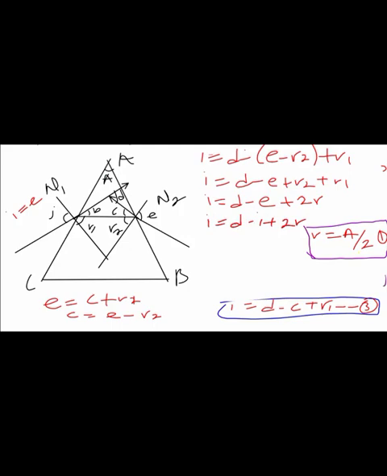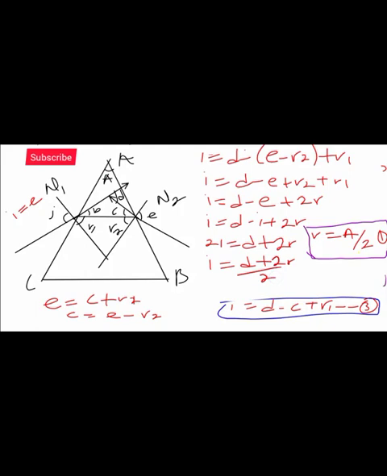So moving I to the other side of the equation, it will become plus I instead of minus I. So we have that 2I is equal to D plus 2R. So I is now equal to D plus 2R all over 2.